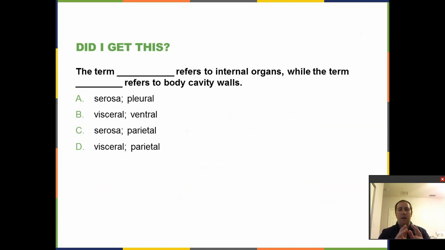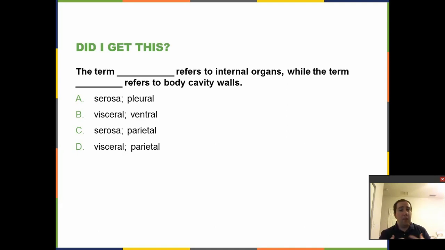So here is, I think, our last little review question. So what is the answer to this one? So I'm getting D. B. Yeah. So the visceral part of the serous membrane refers to the part of the membrane that touches the organ.